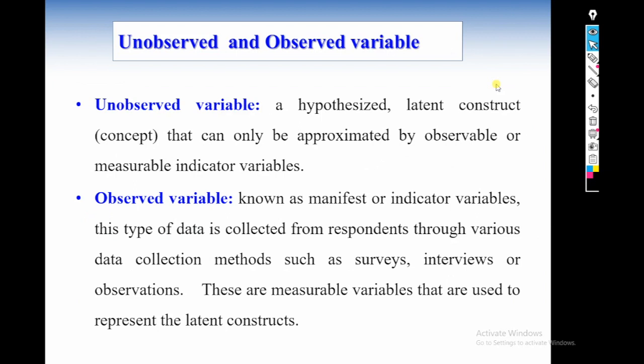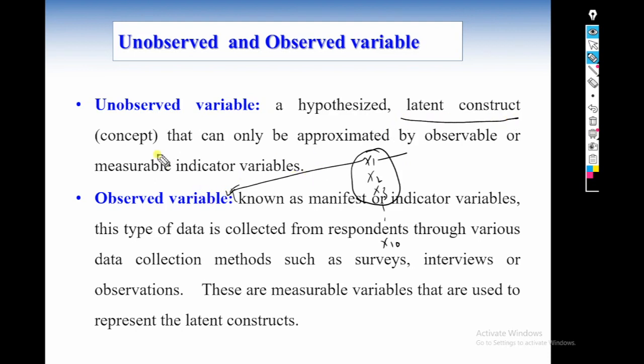Then the unobserved variable. There are two things, observed variable and unobserved variable. If I am using 10 questions in structural equation modeling, like x1, x2, x3 and so on up to x10, these are the observed variables or measured variables. An unobserved variable means when we combine three variables and these three variables tell about a particular concept, it is a latent construct.